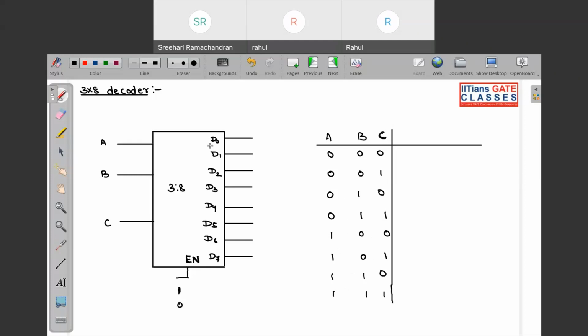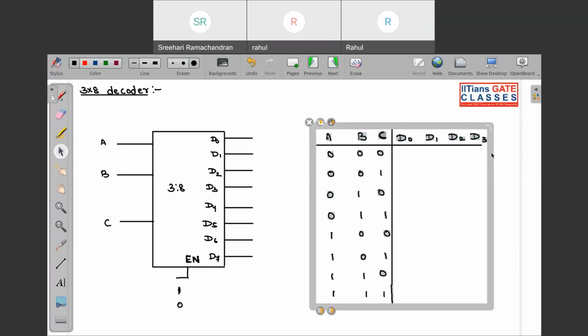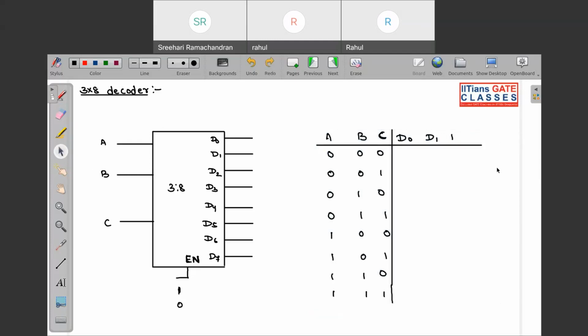See, whenever our input is 0, 0, 0, D0 is activated, and then we will have D1, D2, D3, D4, D5, D6, D7. Instead of writing all this, simply we can write the corresponding minterm that will be activated.